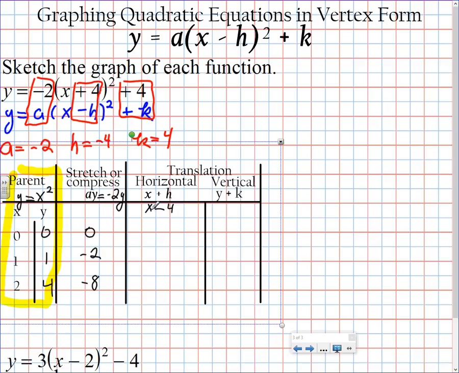Take the x value and subtract 4 from it. So if x is 0, 0 minus 4 will give you. If x is 1, 1 minus 4 will give you. And if x is 2, 2 minus 4 will give you.